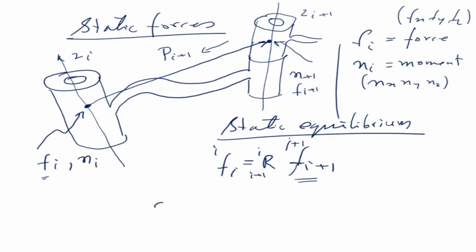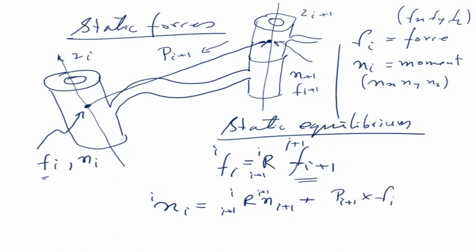What about the moment equation? Ni is equal to R times I into I plus 1 into N of I plus 1, I plus 1. That means the moment Ni plus 1 is coming backward now into the rotation matrix, plus there is a moment which will be coming because of this cross Fi.